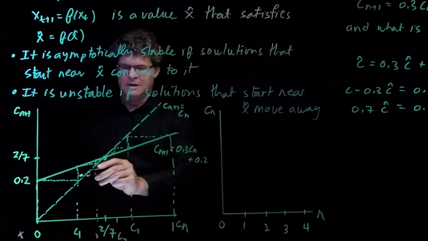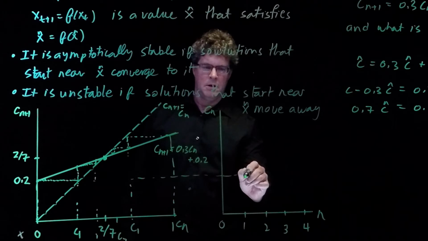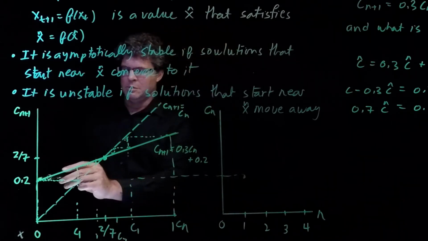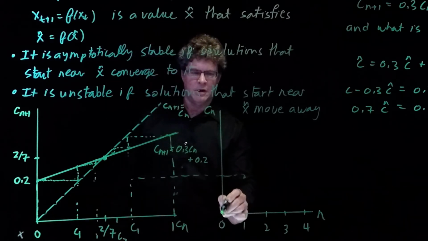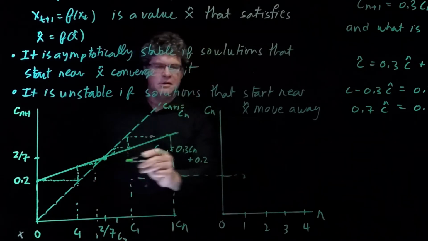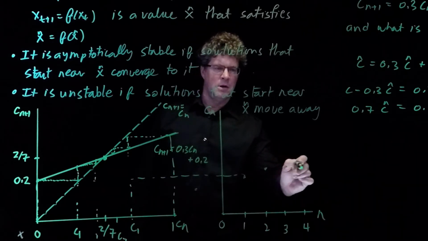If we take these all the way across to the graph here, we see that our C1 here moves over to here, our C0 moves over to here, our C2 moves over to here, and so on.